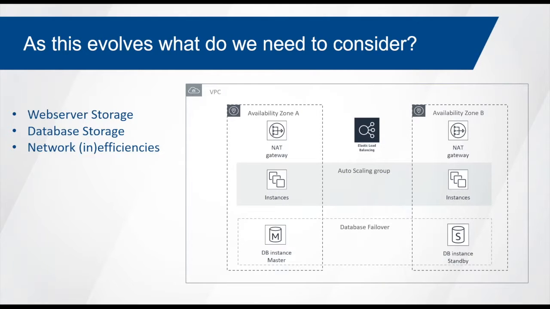Network inefficiencies. So there's some things here to be aware of. If I've got instances spread across availability zones to go ahead and make stuff more resilient, make stuff more able to handle an entire availability zone failure, which is typically touted as a good practice or a best practice, there's some caveats that do come with that we want to be aware of. There is typically cross-AZ traffic costs, data transfer out.